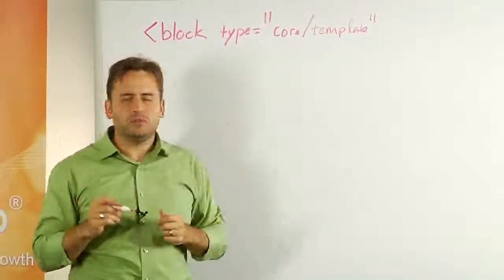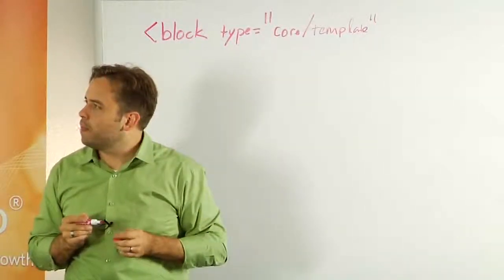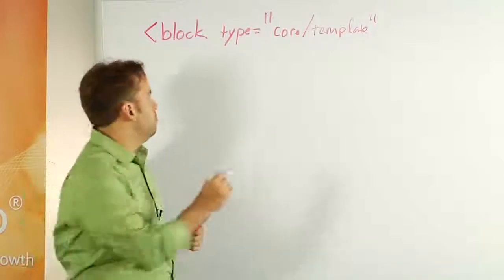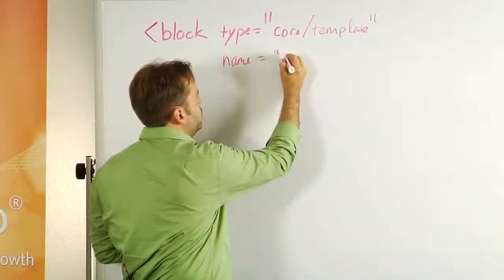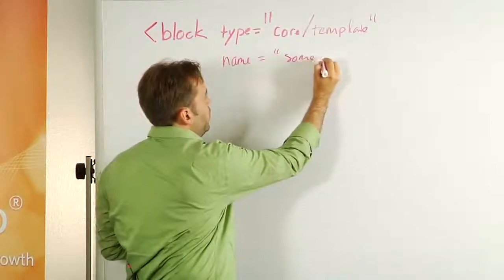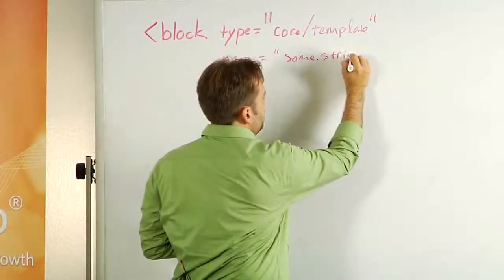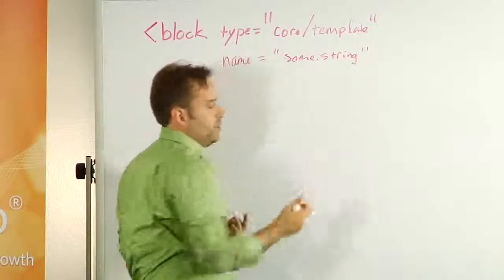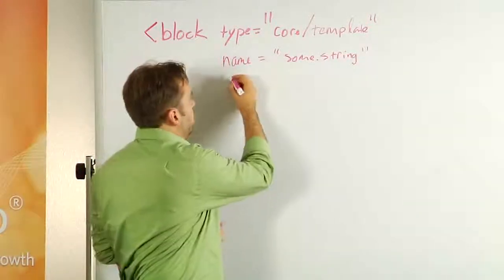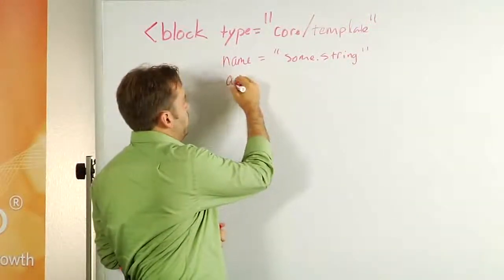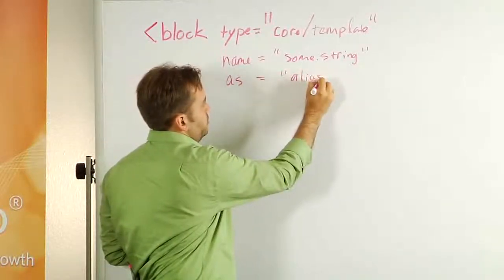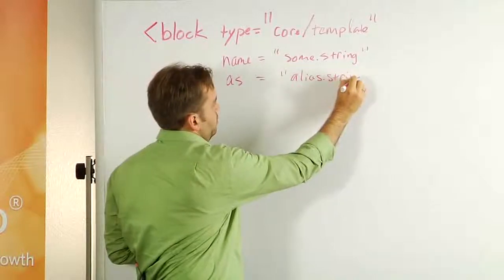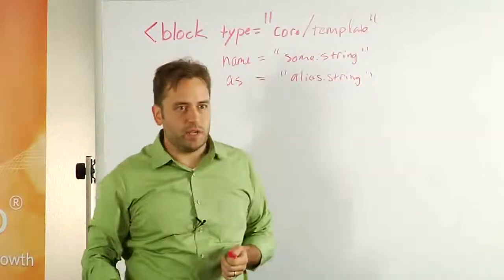That's just old. Name. And a name is nothing more than a string. There's absolutely no significance in there other than it should be unique. As is some alias. No need to use that.